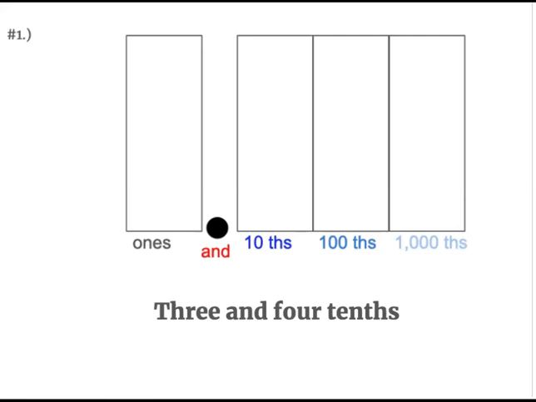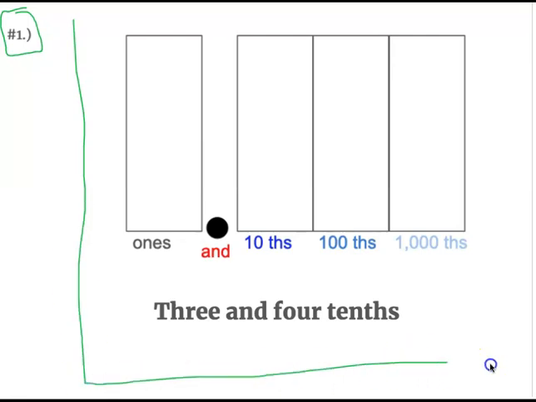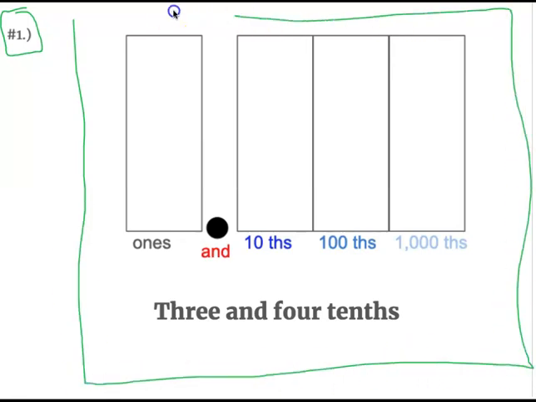All right, my friends, I forgot to draw the green box, but this is number 1. So this is where you start putting this on your paper, number 1. So anything inside of the green box, the whole thing goes on your paper.